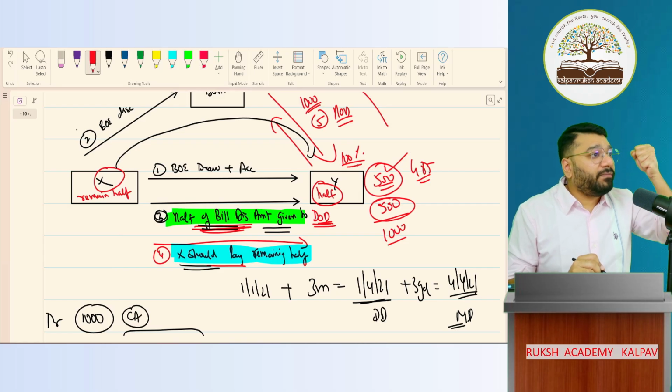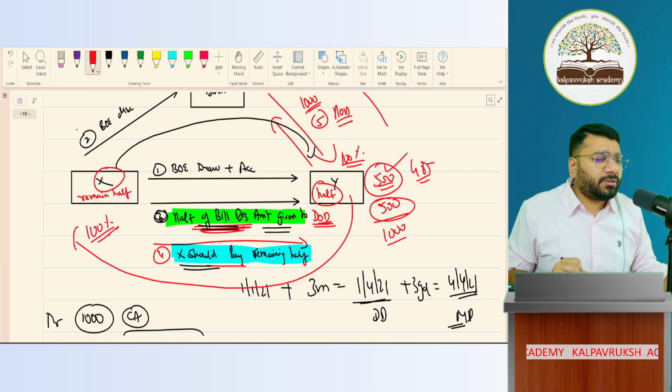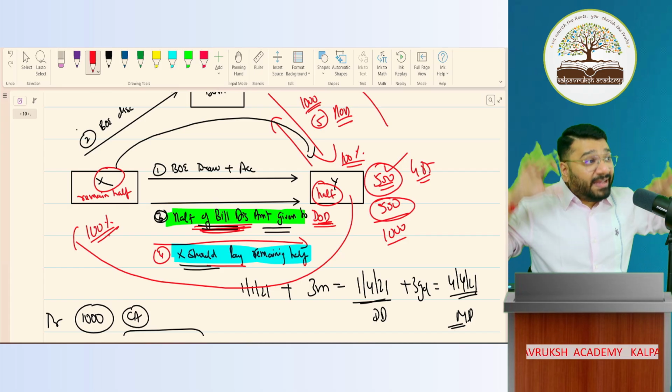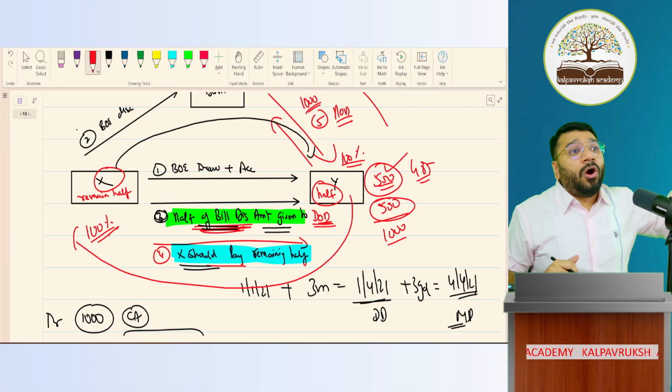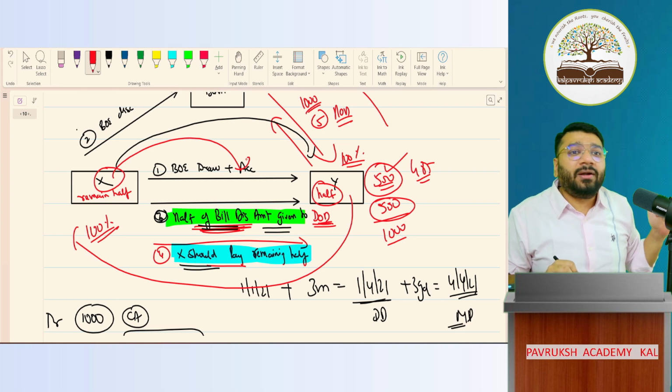How much trust you should have? So here, Y is having 100% confidence on X. What confidence? That when the bill is discounted, X will give half the money to Y. Y is confident about that. Y is also confident that on the date of maturity or before the date of maturity, remaining 500, X will give to Y. That confidence is there. Got it, not got it?